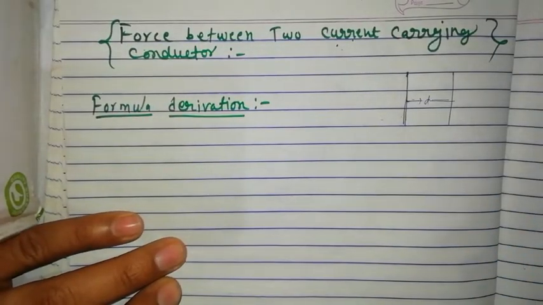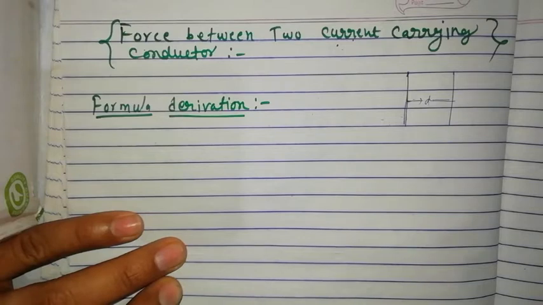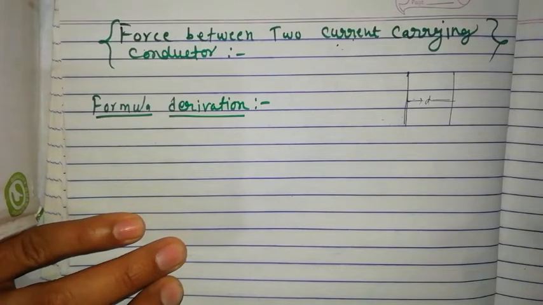We know that when current is made to flow through a conductor, a magnetic field is developed around it. Now if another current carrying conductor is placed near the first conductor, that means in the magnetic field of the first conductor, it will experience a force due to the first conductor.